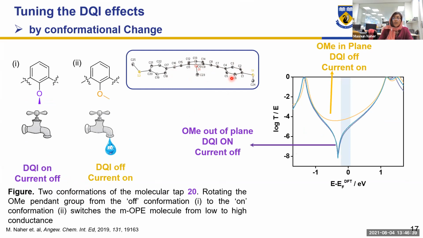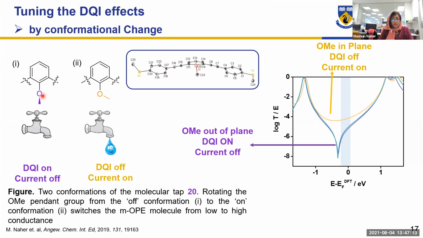We have found that when the ortho-methoxy group is out of plane, the lone pair of electrons from oxygen can't communicate nicely throughout the molecule, which results in a sharp dQI dip with low molecular conductance like the parent compound. But if this ortho-methoxy group is in plane, it helps this lone pair of electrons to move nicely throughout the molecule, which increases the molecular conductance. And you can see from this graph, molecular conductance is really high.